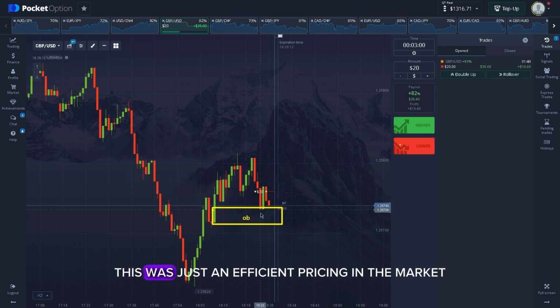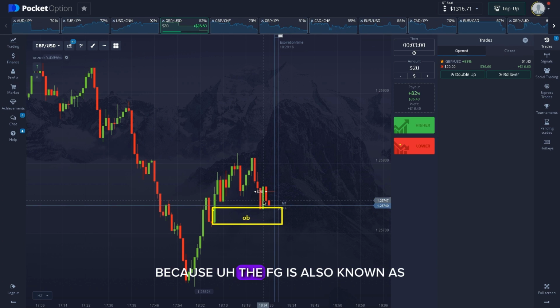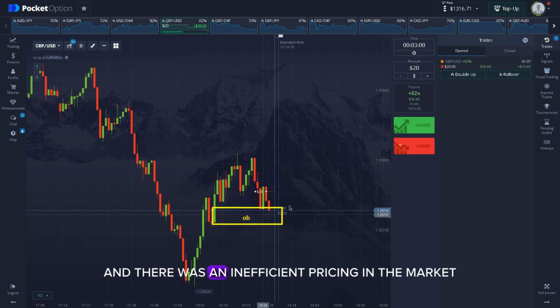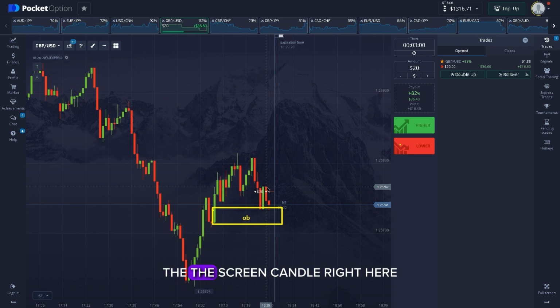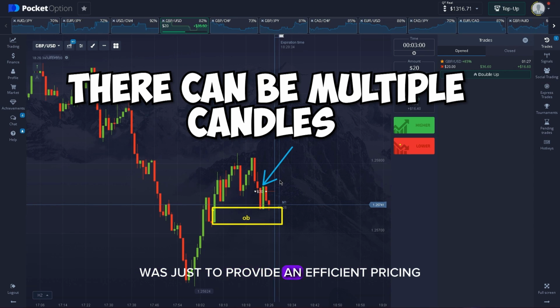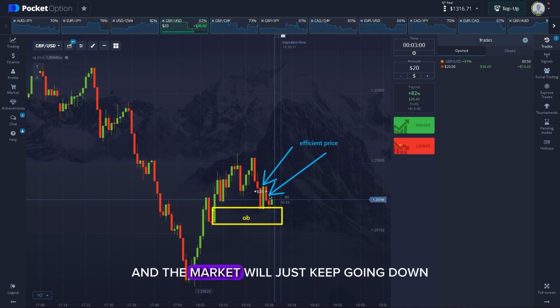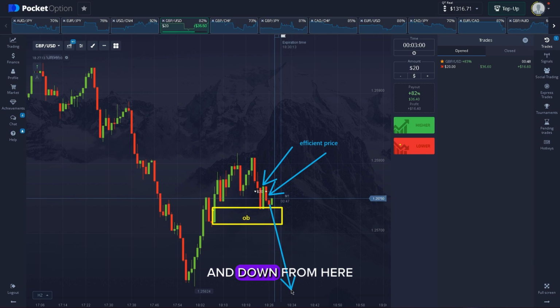The FVG is also known as the imbalance in the market, so there was inefficient pricing in the market. This green candle right here was just to provide efficient pricing, and the market will just keep going down and down from here.